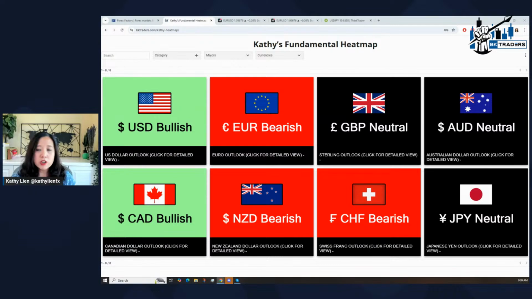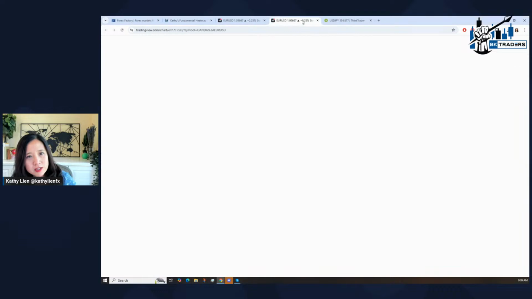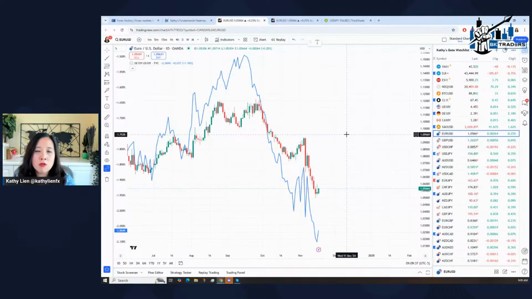So one of the greatest challenges with fundamentals is that it's hard. How do I know dollars should be bullish? How do I know euros should be bearish? Whereas these yields and these yield spreads are really tangible ways to figure it out. There's no guessing: is data going to be strong?